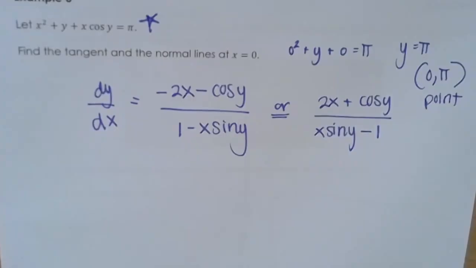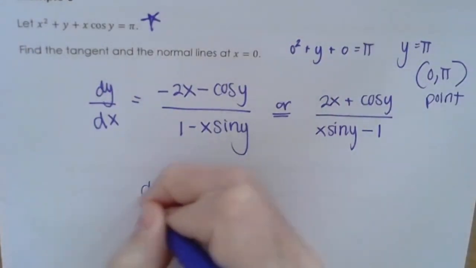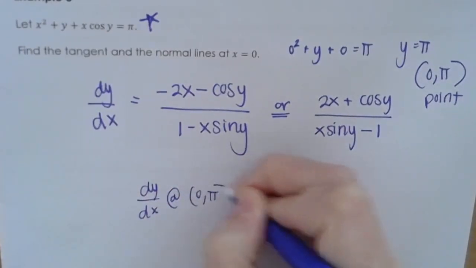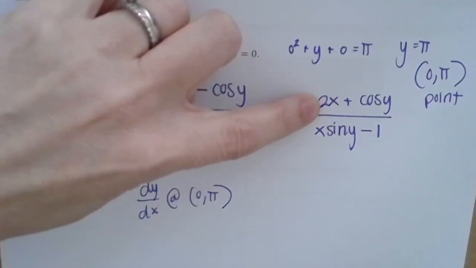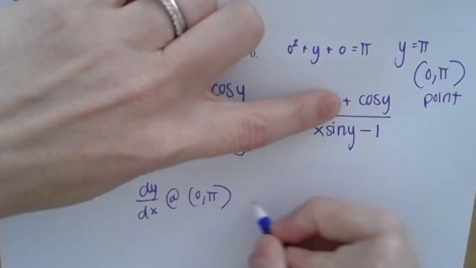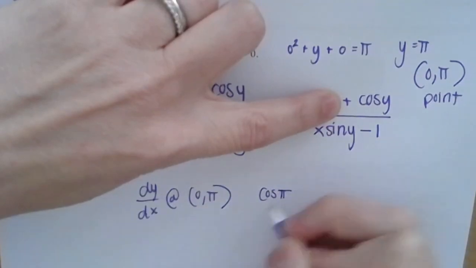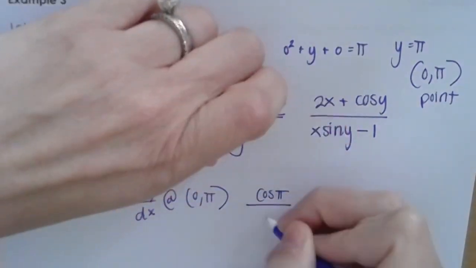Write the equation of the tangent and the normal. Remember, normal means perpendicular. So we've got two that we're going to work with. So the derivative, dy dx, at the point 0, pi, if we substitute those in, we're going to have 0 for x, so that's gone, plus cosine of pi for the y, and then 0 times anything is 0, so that's gone, over negative 1.